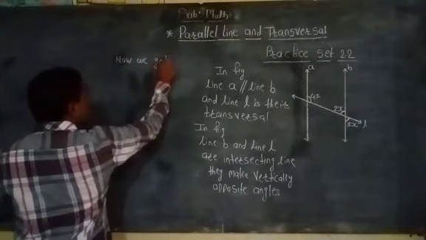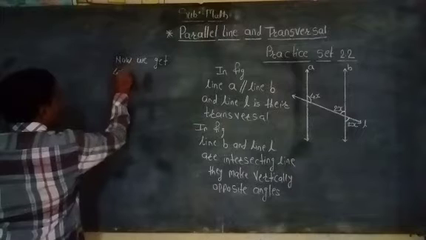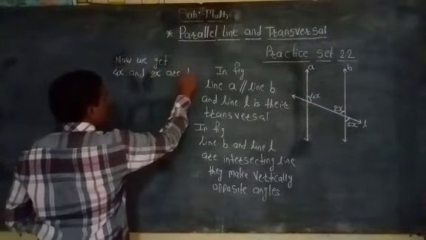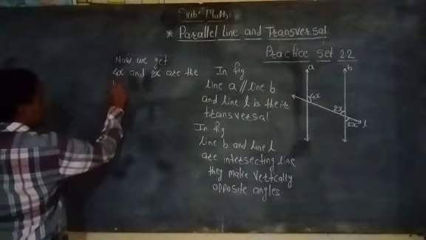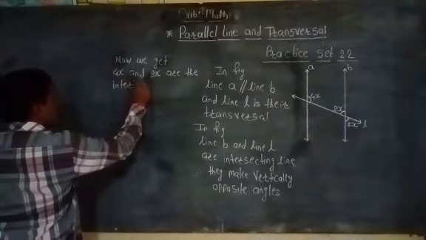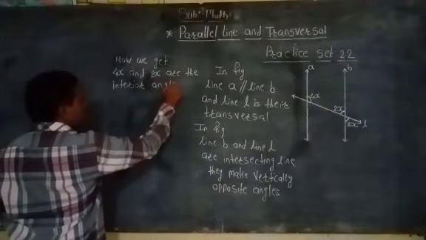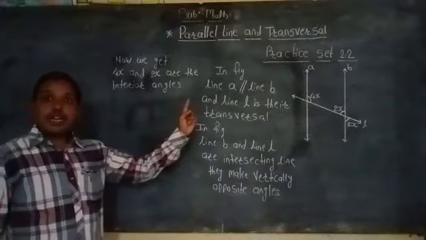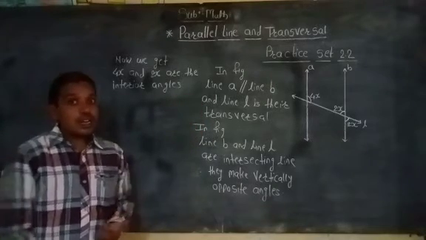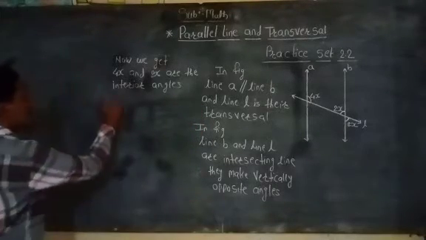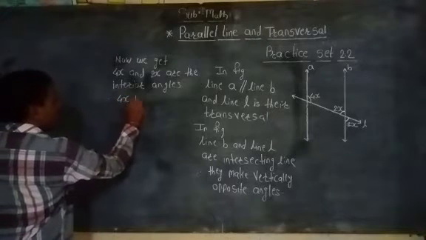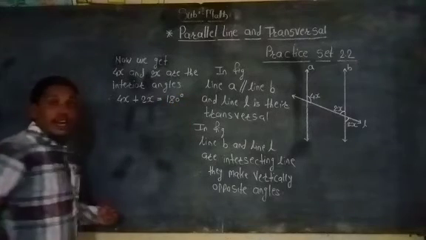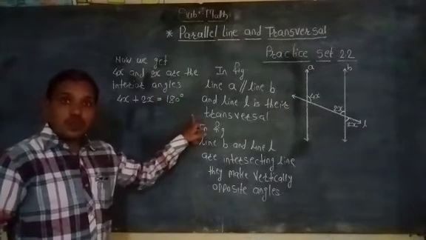We get 4x and 2x are interior angles, and we know that interior angles are supplementary to each other. So therefore 4x plus 2x is equal to 180 degrees.